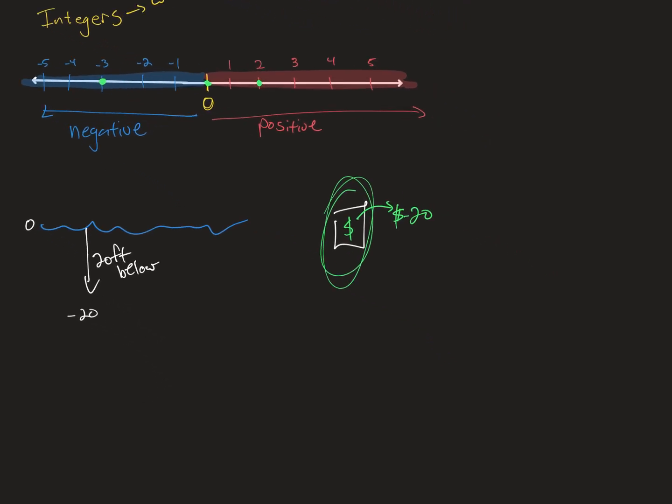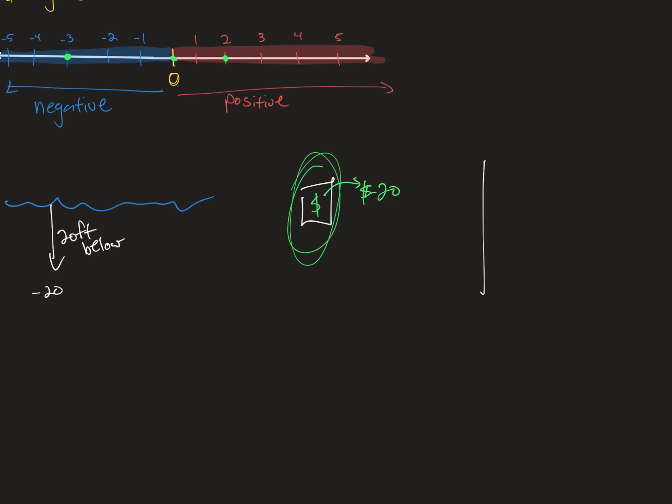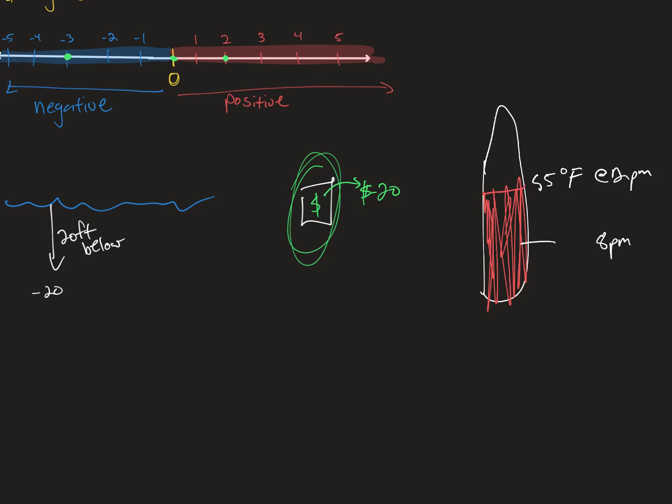Or let's say I'm looking at a temperature, like a thermometer. We see that mercury sitting there, and let's say it was at 55 degrees Fahrenheit at 2 p.m. And then by, let's say, 8 p.m., it decreased to 40 degrees Fahrenheit.